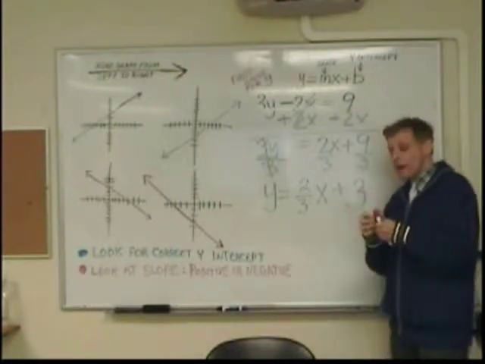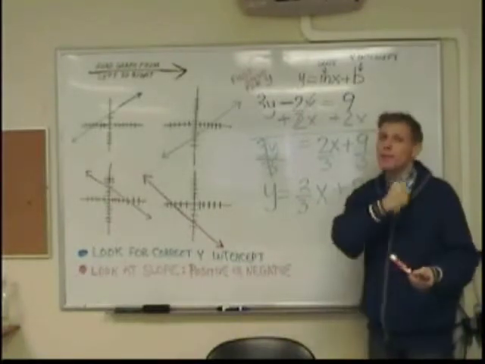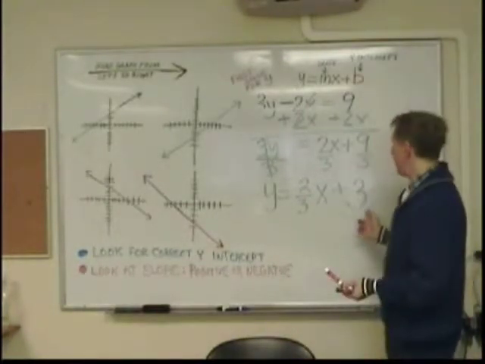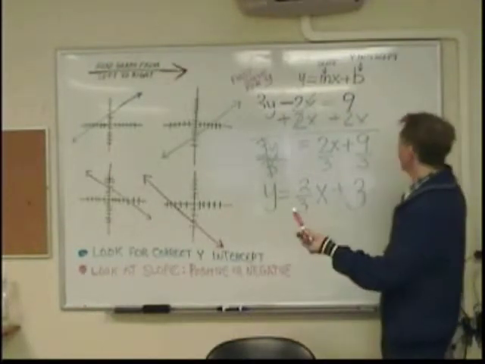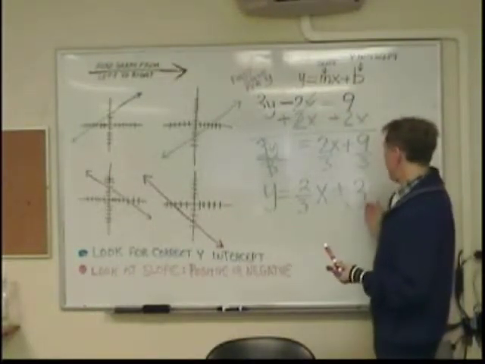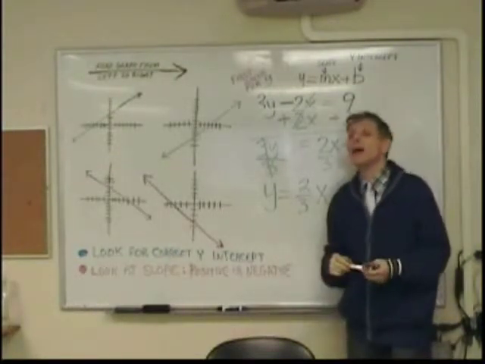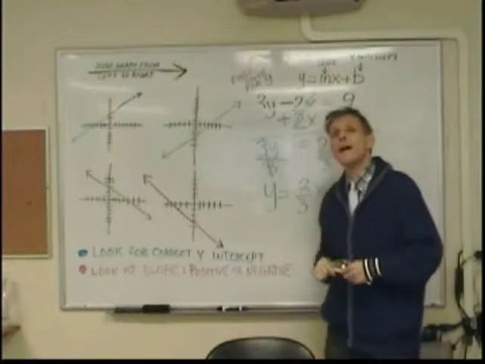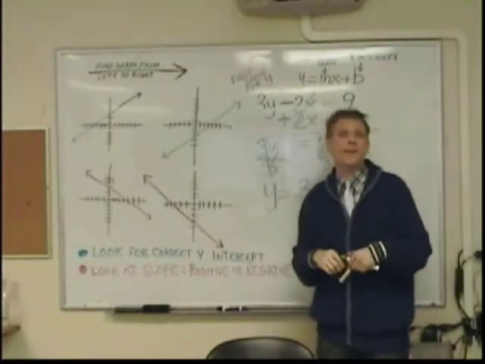Once I got y by itself, and I correctly solved for y, you want to be careful with your signs. Over here, I was dividing by positives, and so it's a positive 3 here and a positive 2/3 x. But sign mistakes are the number one error, so be careful when you're dividing by a negative or subtracting.